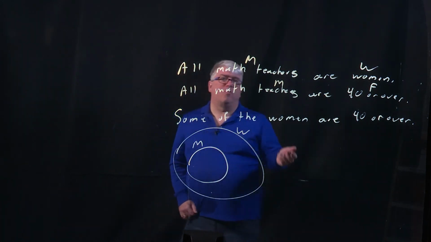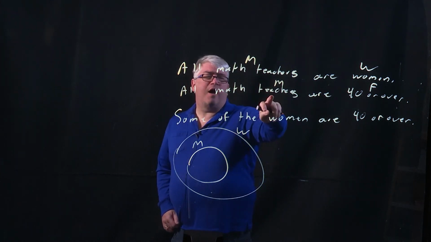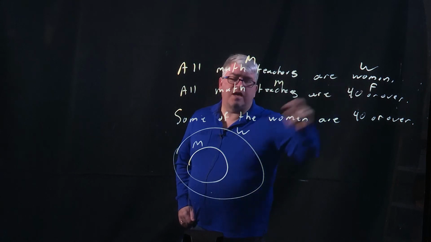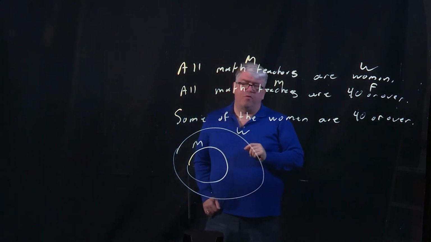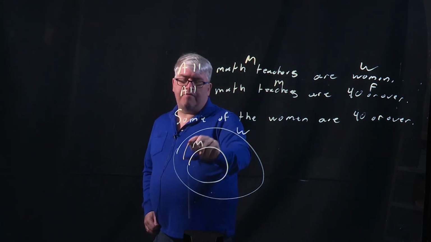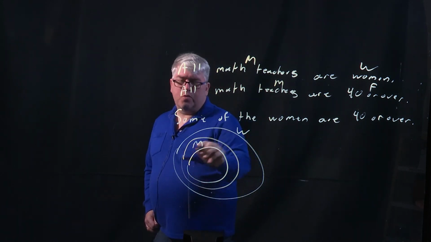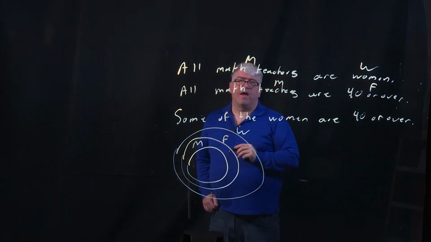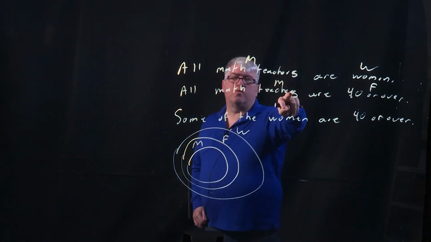Okay, there's only one way to draw the first sentence. Now, everything that is inside of M has to be inside of F. Now I've got a few ways to put the F in here. For instance, I could have the F kind of in between, and then both of these are true.